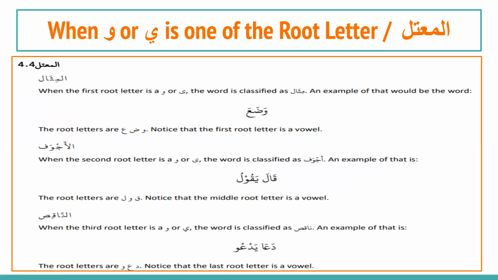Mostly it is one of the root letters, like out of three, you have either ya or waw. But the position of waw and ya can be different. Okay, so let me write here, in reverse order: first kalma, second kalma, and third kalma.